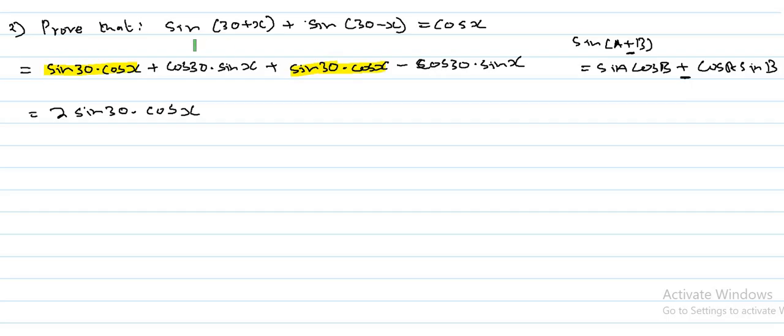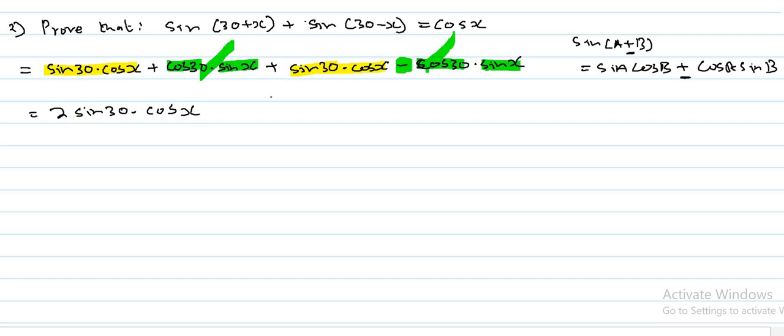Let's check the second part for like terms. Cos 30 sine x, cos 30 sine x. But the middle sign is negative, so this will cancel out. So we are left with sine 30.